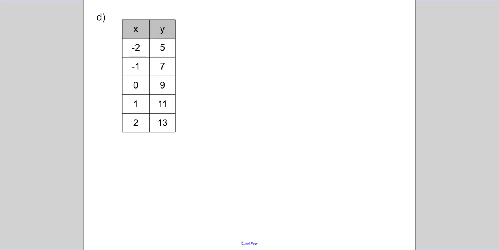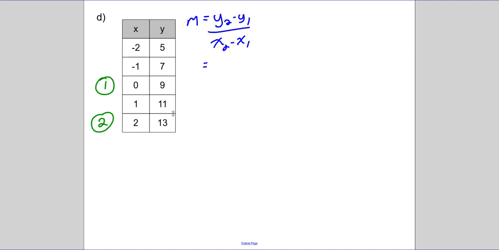So in my case here, I'm going to call (0, 9) point 1, and (2, 13) point 2. So just like I did in the previous example, the first thing we're going to do is find our slope. So slope is delta y over delta x, or y2 minus y1 over x2 minus x1.